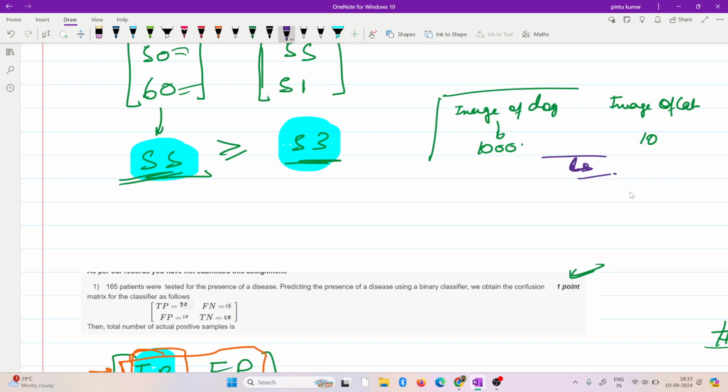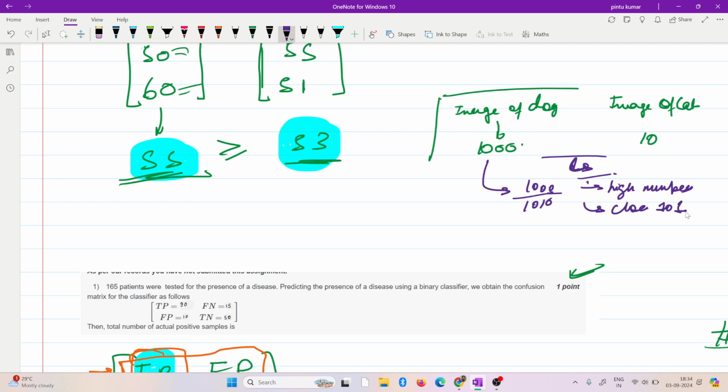So I gave a motivation that if you calculate accuracy in such cases, accuracy can be very misleading. For example, let's say you classify every point that you encounter as an image of a dog. Then your accuracy would be 1000 divided by 1010, which is a very high number, very close to 1.